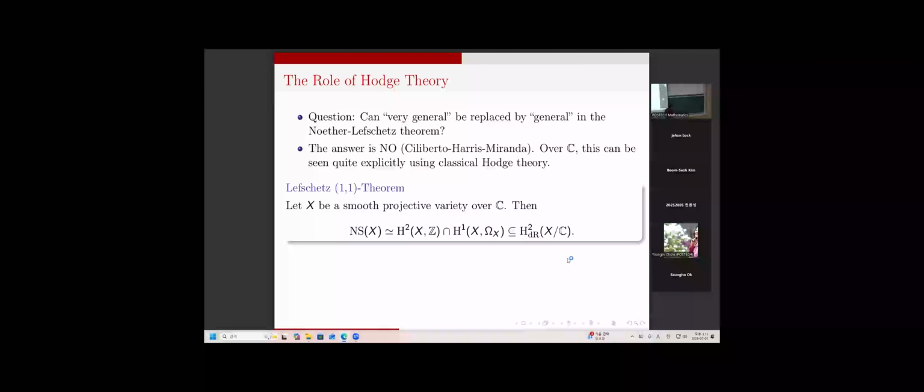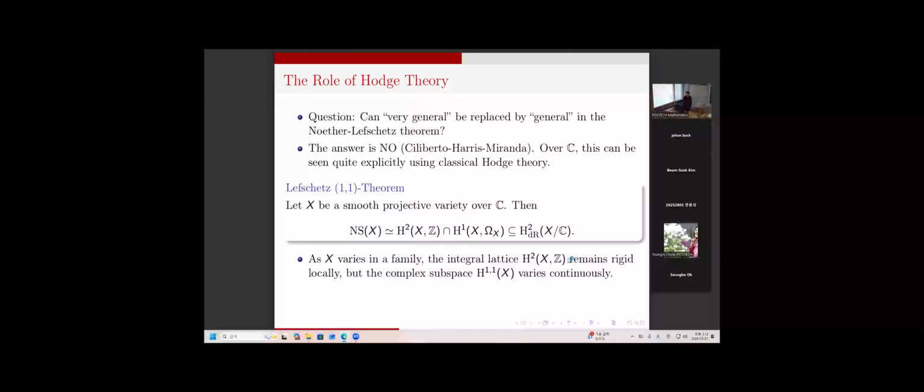Usually we write this subspace as H^{i,j}. So in particular, H^{1,1} is a subspace of H^2 de Rham over C. So inside a complex vector space, I'm intersecting an integral lattice with a subspace.